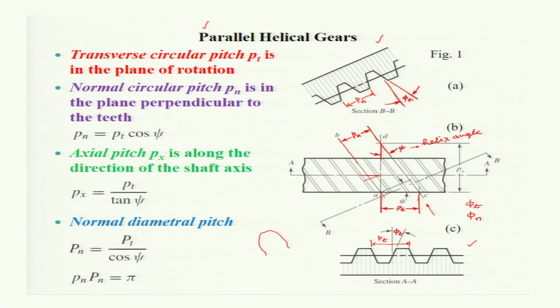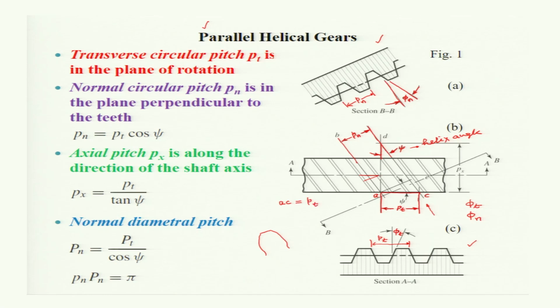Now let this PT, the tangential circular pitch, be this distance AC, small a to small c is the PT. So small AC is equal to the transverse circular pitch PT.